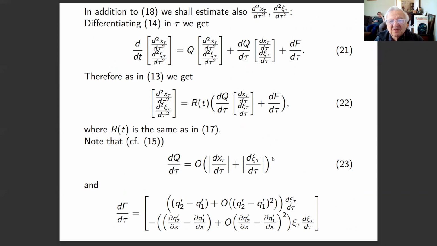We will also need, for the estimate of the remainder, an estimate of the second derivative in tau of x tau xi tau.